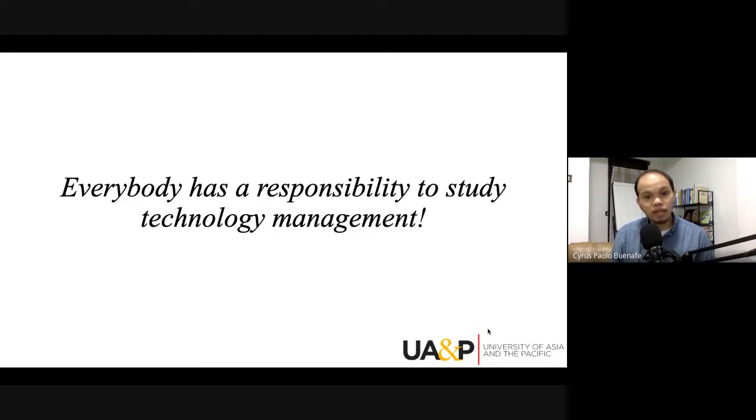And I guess this would be one of the first things that I'd like to inculcate in everyone right now as far as values go. That idea that we cannot leave it to everybody else to do technology management for us. We have to do our part. We have to study it.